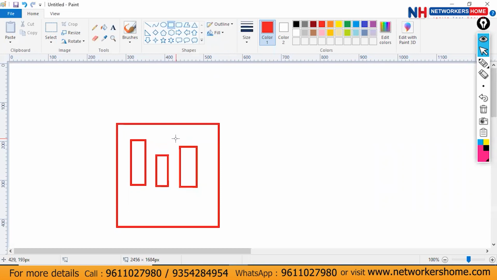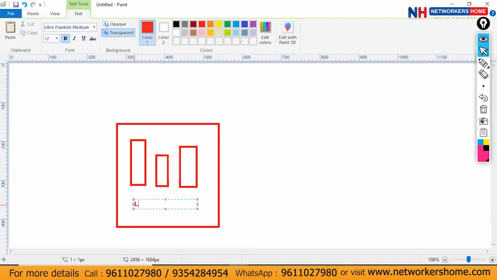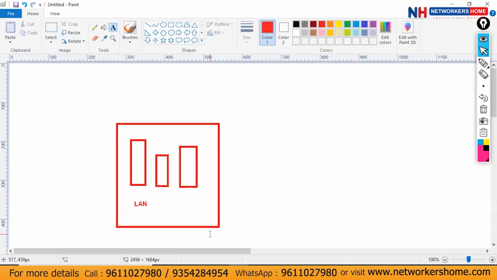I'm not connected with the world. I'm not connected with the internet. I just need local communication. I'm not worried about data security here. I just need connectivity. In this scenario, do you need a VPN? I don't need it. It's a local area communication. It's a LAN connection. I don't need security in a LAN.